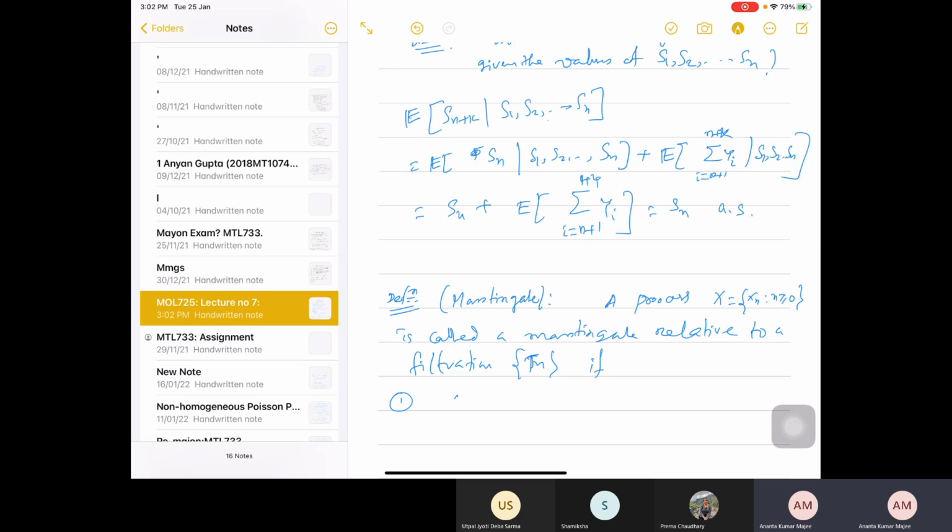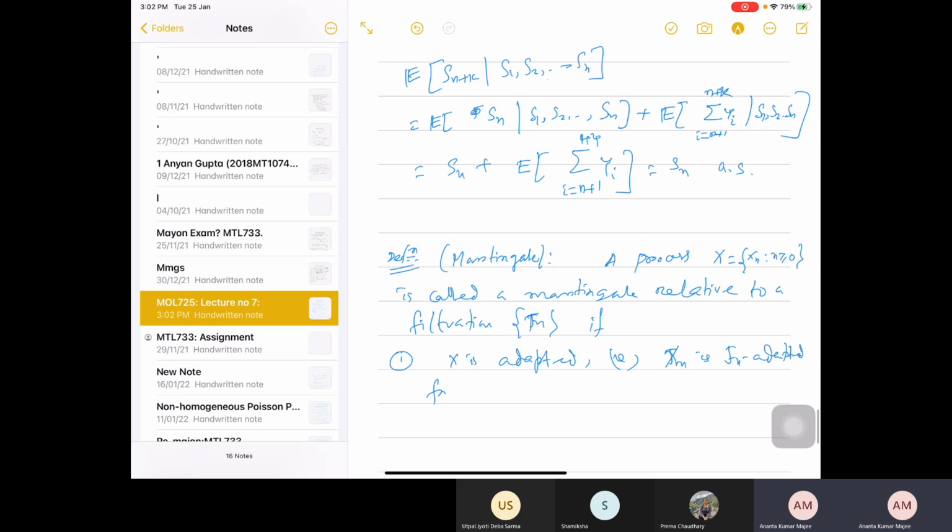The first condition is that X is adapted. What that means is that for each n, Xn is Fn adapted, or measurable, for every n.